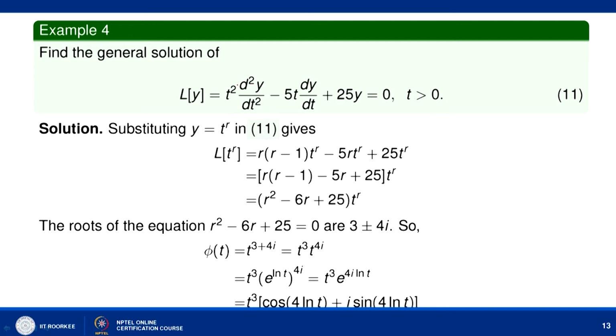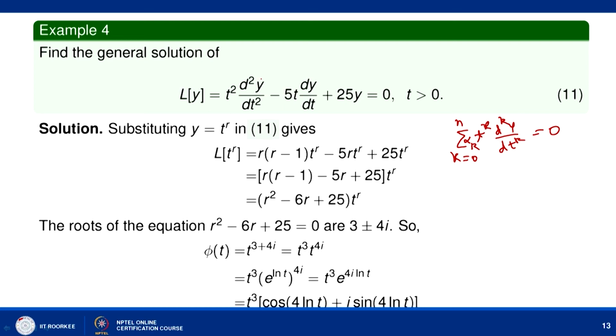So, we can write the equation as the sum of alpha_k t to the power k d^k y by dt^k equal to 0, where k is from 0 to any number n, which is known as a Cauchy-Euler equation of order n. So, the order present in the derivative is multiplied by t to the power of that same order.